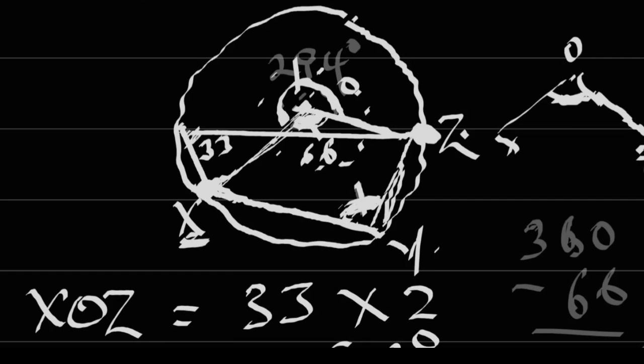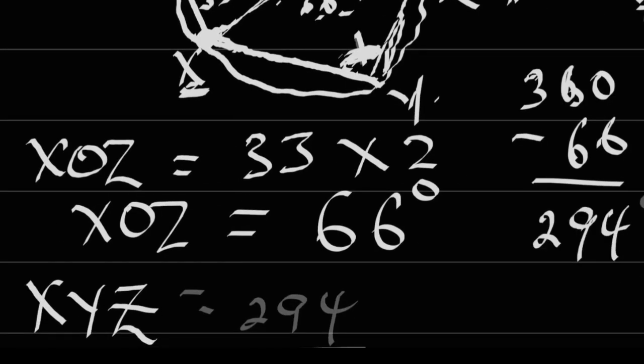So if this one gives us 66, the other way around will be 360 minus 66. That will give us 294 degrees.